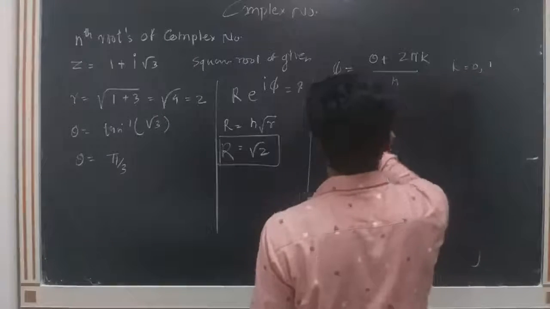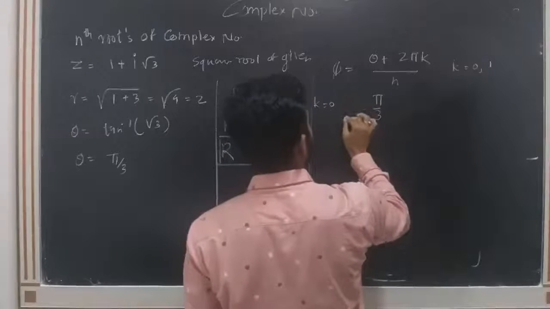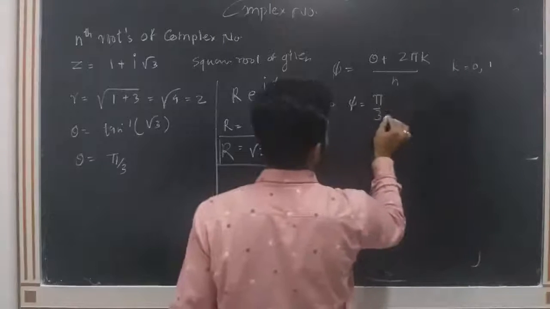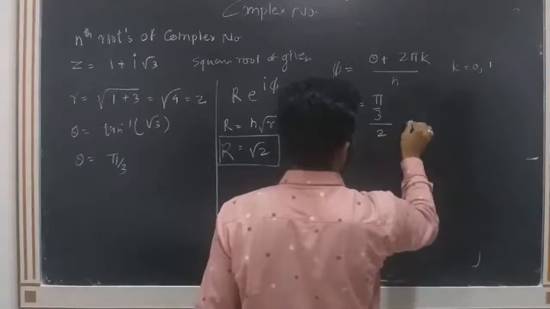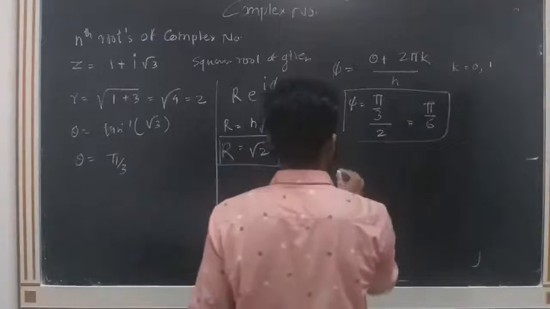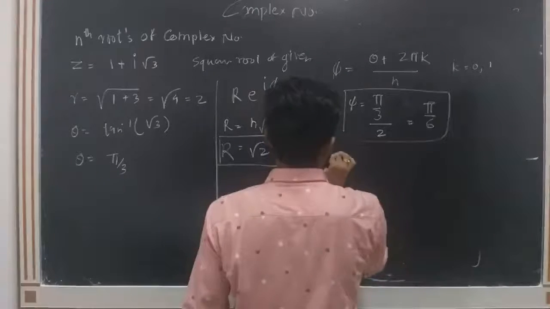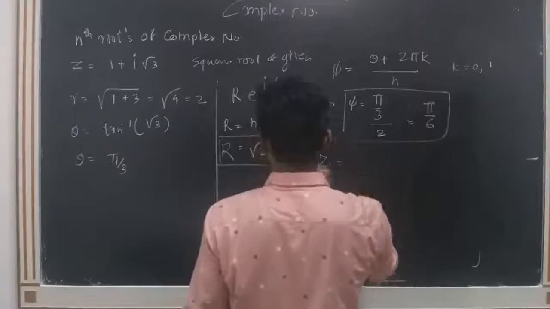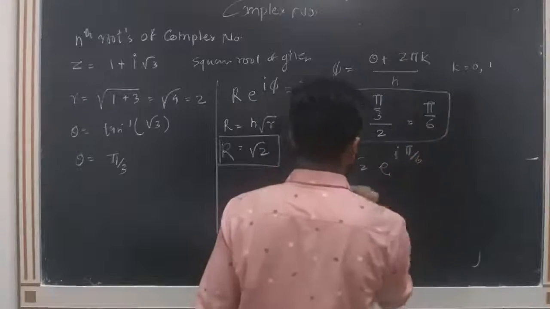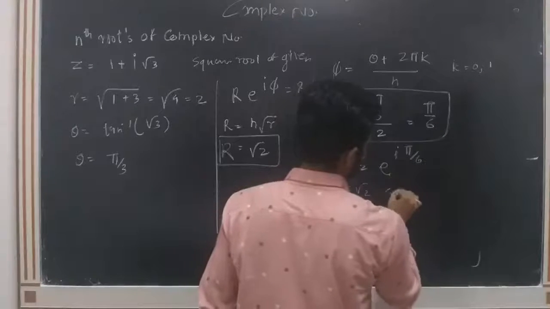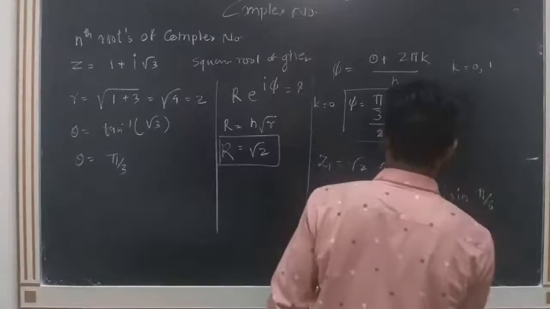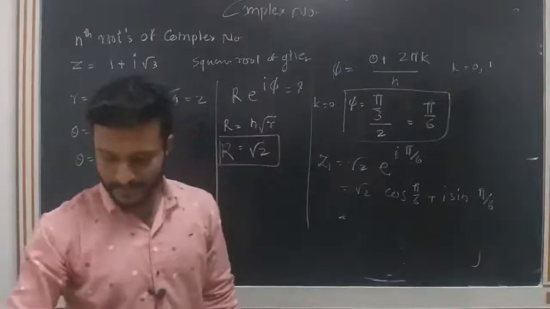For k is equal to 0, phi equals pi by 3 plus 2 pi into 0 upon 2. So it's pi by 6. So phi is equal to pi by 6. We can rewrite the first root: root 2 e raised to I pi by 6, that is root 2 cos pi by 6 plus I sin pi by 6. What is the value of cos pi by 6?